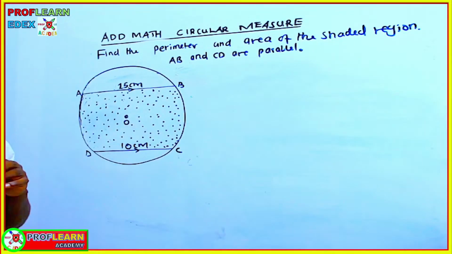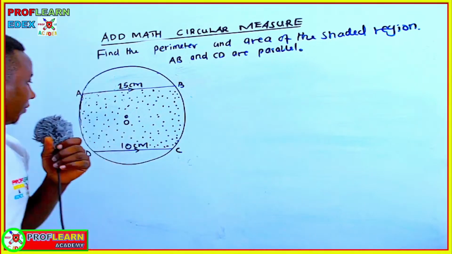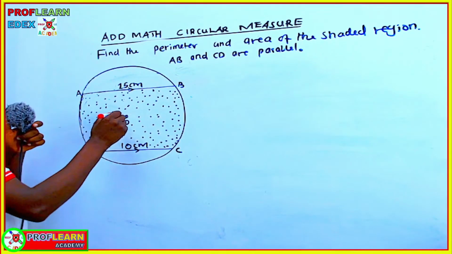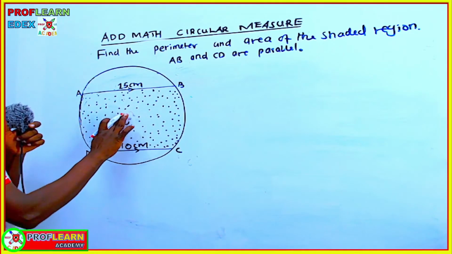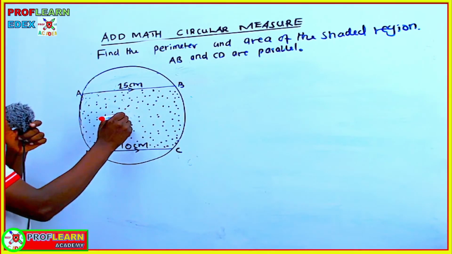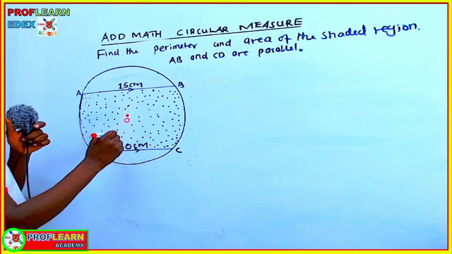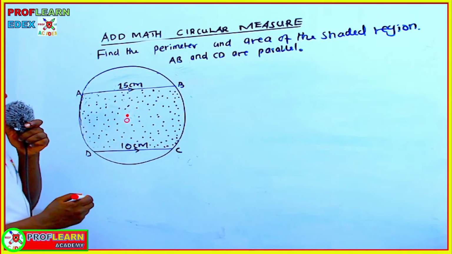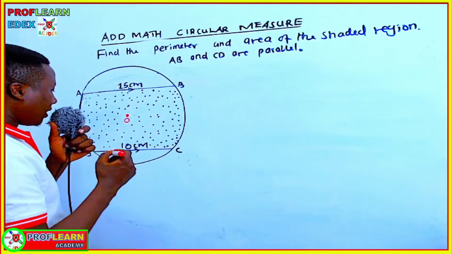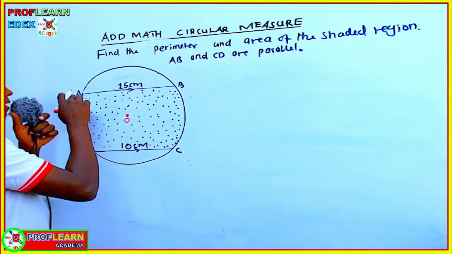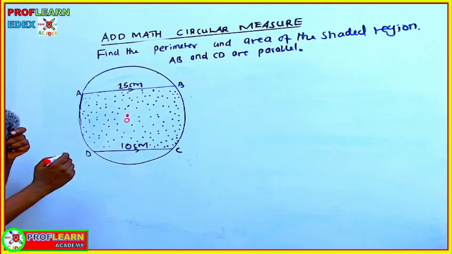The information that was provided in this question is that O is the center of this circle. So you can say this is a circle of center O, and the radius of this circle is 10 centimeters. AB is 15 centimeters.